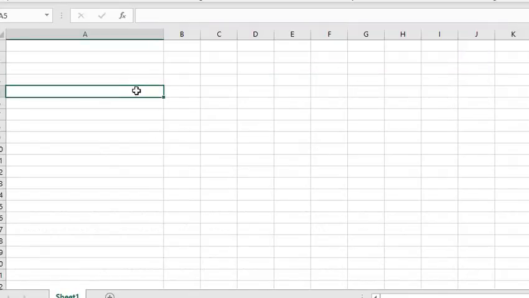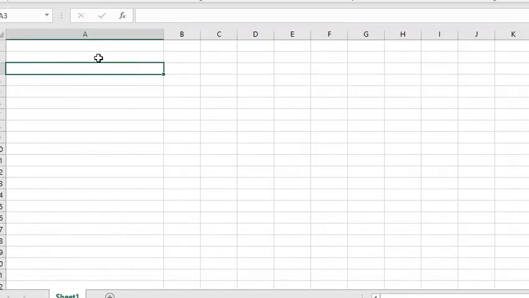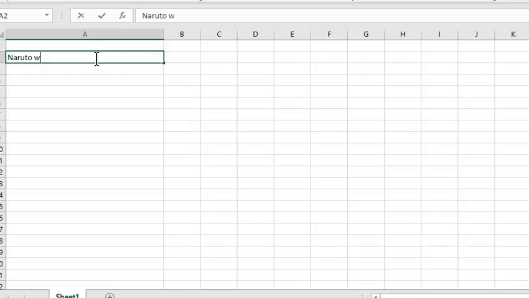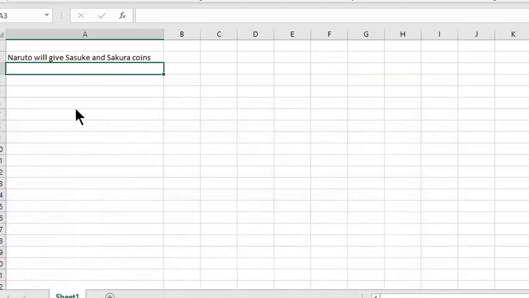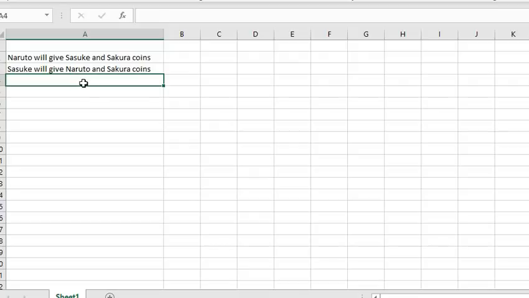Let's use Microsoft Excel to write down the given. Well, first, Naruto will give Sasuke and Sakura coins. After that, Sasuke will give Naruto and Sakura coins. And finally, it's Sakura's turn.